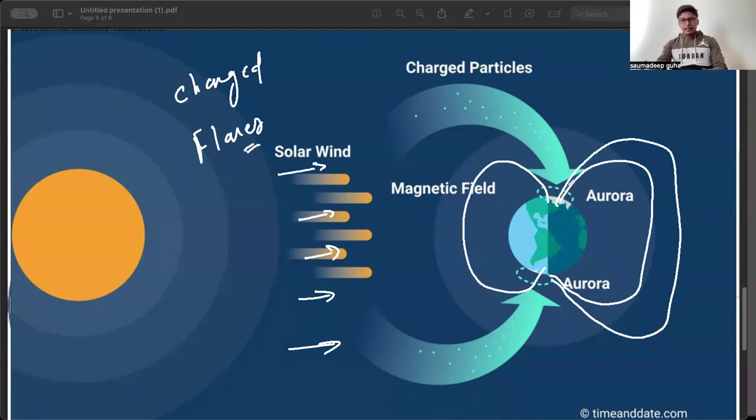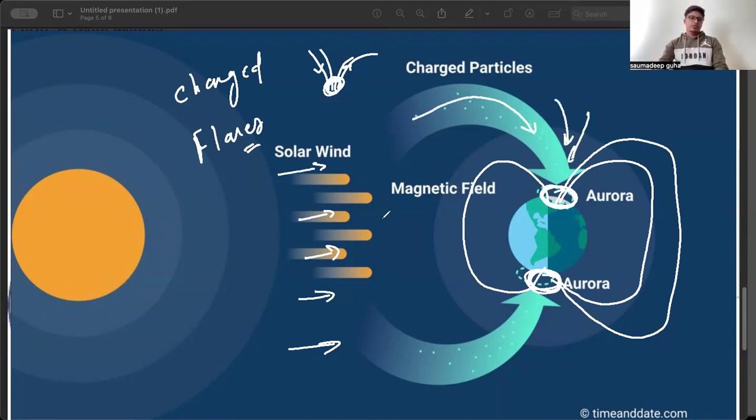Can you see that here at this point and here at this point, there is some gap between these two magnetic field lines? There always lies some minute gap over there. That is where these ions, these solar flares, seep inside the atmosphere. The highly charged particles seep inside the atmosphere. That is the main reason.